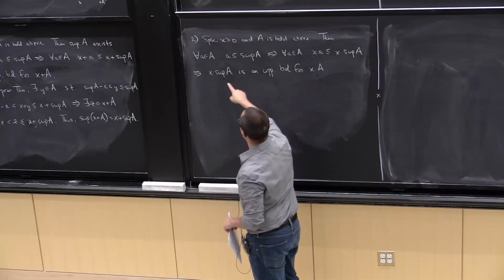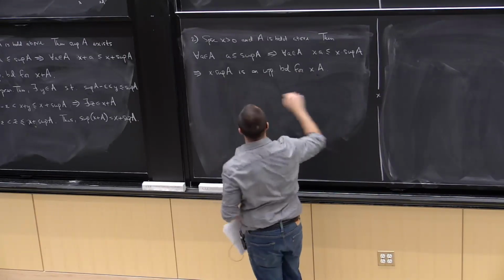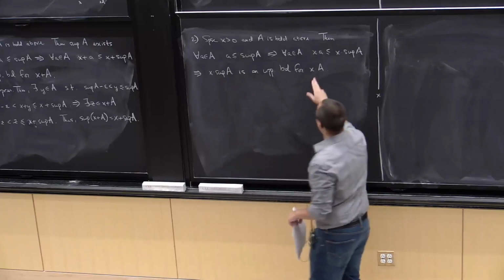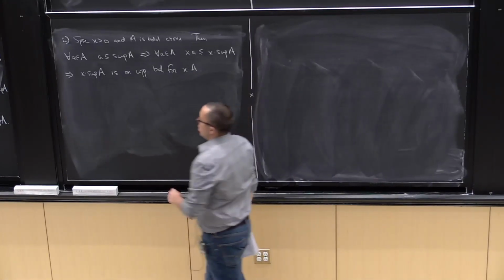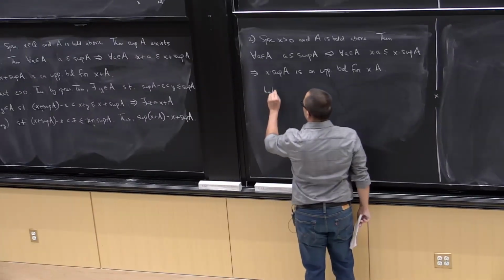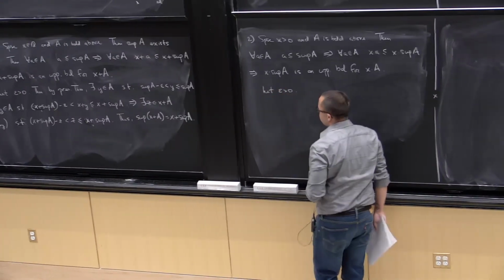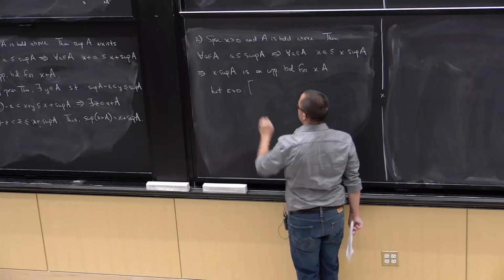We now want to verify this epsilon property for x times sup A with respect to the set x times A. Okay? So let epsilon be positive, and I'm going to put in brackets again what we want to do.